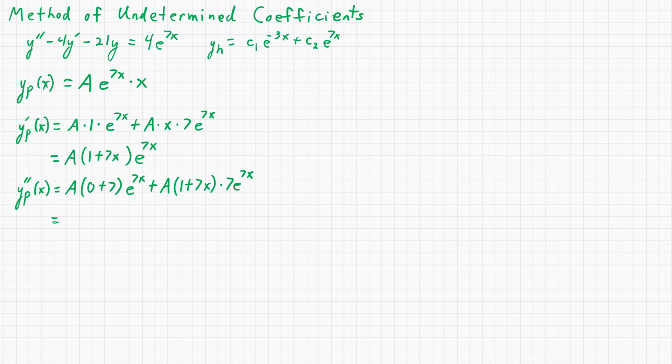And again, it's always nice to simplify that before plugging everything into the ODE. So here everything has an a still. There's some constant terms, there's some x terms, and then there's e to the 7x. So here we have 7 times a times e to the 7x. And here we have 7 times 1 times a times e to the 7x. So in total that's 14. And then we have 7 times 7x times a times e to the 7x. So that's a plus 49x.